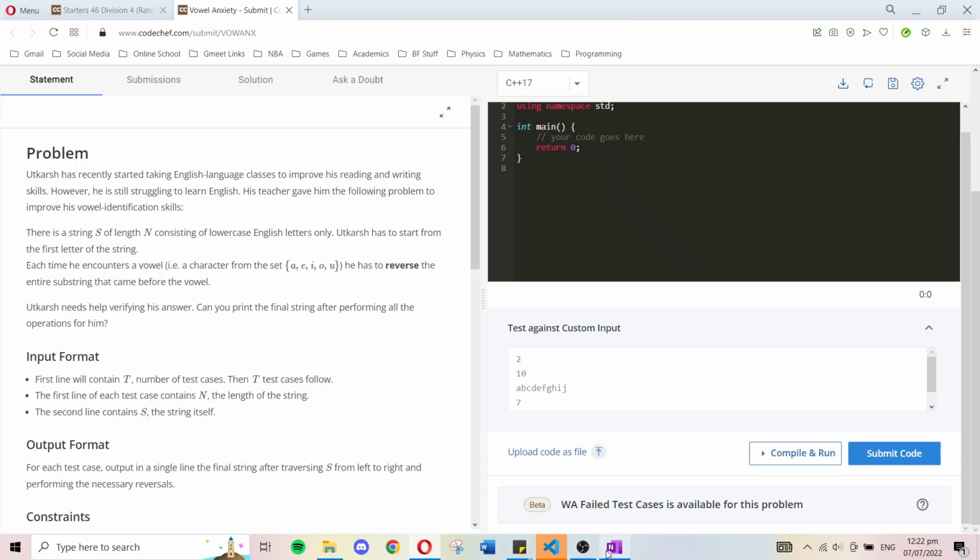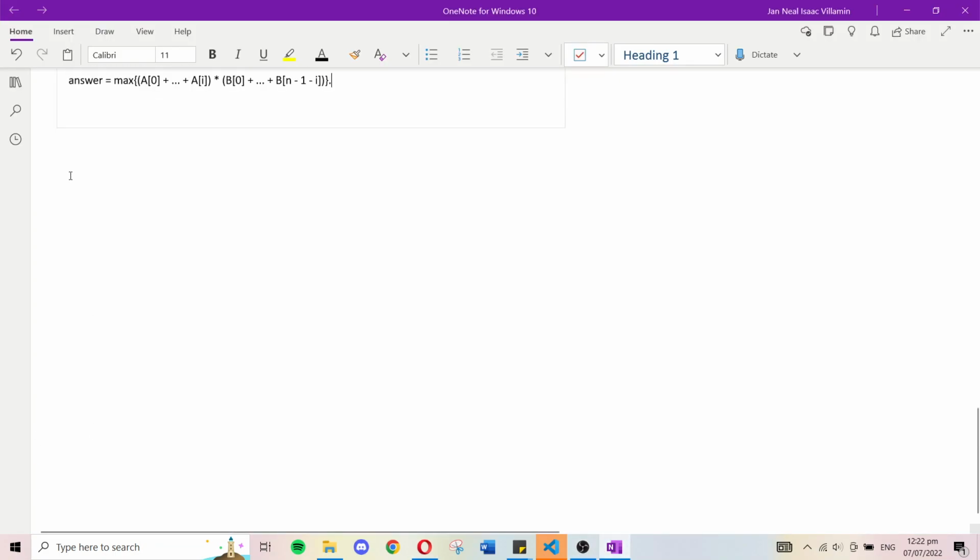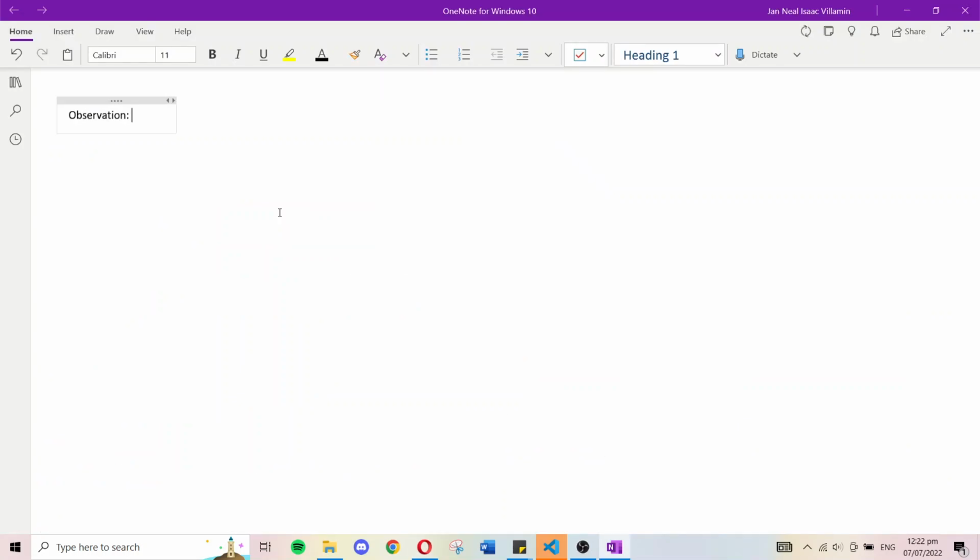The main observation in this problem that I had is that the rightmost letters are less likely to be displaced.